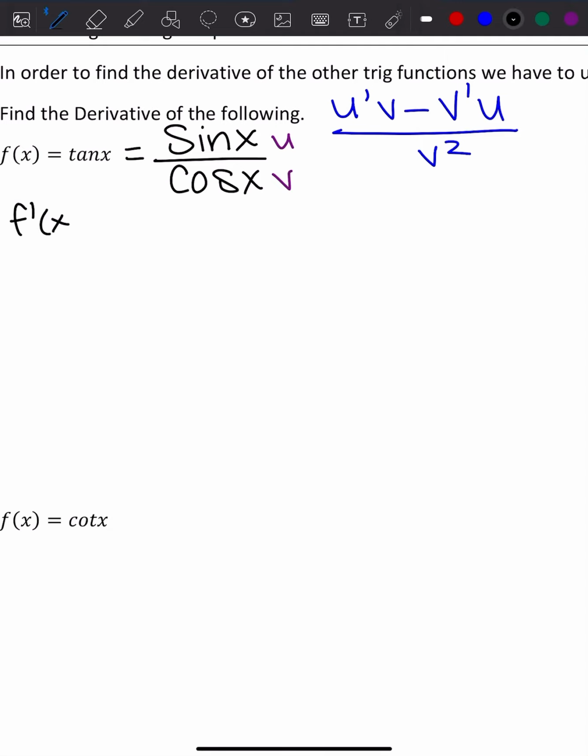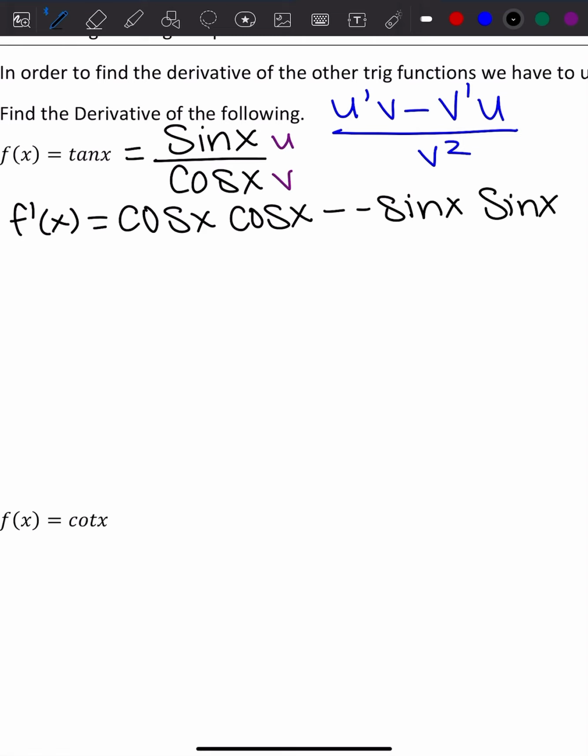So the derivative of sine is cosine times the bottom function cosine, minus the derivative of cosine, which is negative sine, times sine, all divided by the denominator cosine squared.